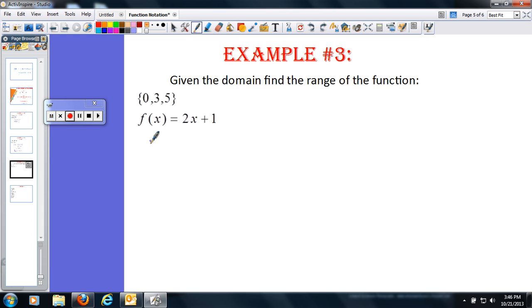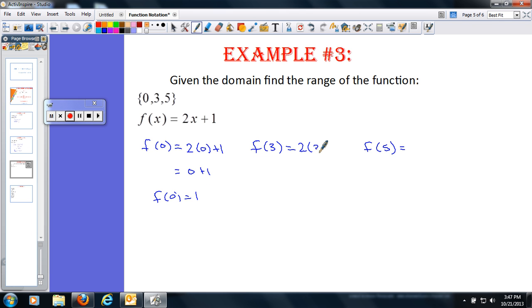So what this is essentially asking for is I want f of 0, I want f of 3, and I want f of 5. And this is what we call set notation, where you have the little brackets here, and then you have the numbers inside. So when you find the function values, you're going to put those in set notation, and that's going to be our range. So this would be 2 times 0 plus 1. This is 0 plus 1, which means f of 0 is going to be 1.